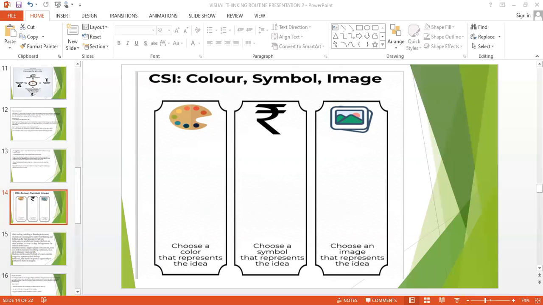They then create a simple symbol for the source, such as a circle to represent something continuous or an arc to represent a rise and fall. Students are then asked to think of a more complex image that represents their feeling. At the end, they should be given an opportunity to justify their choice of imagery.